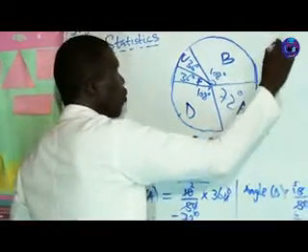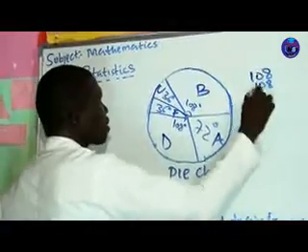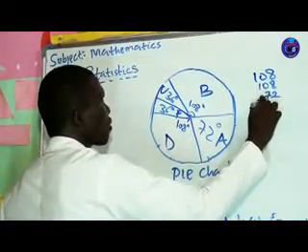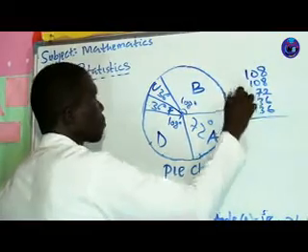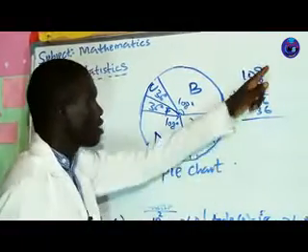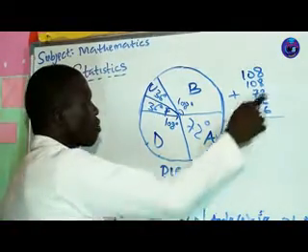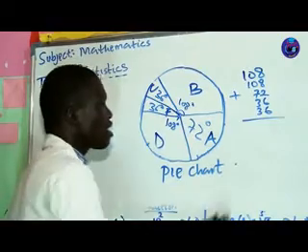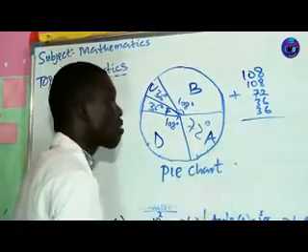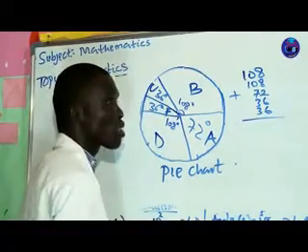So let's try. 108, 108. Okay, we have 72, we have 36, we have 36. Let's add. Okay, now this plus this will give us 16. 16 plus 4, plus 2 will give us 18. 18 plus 6 is going to give us 24, and 24 plus 6 is going to give us 30.